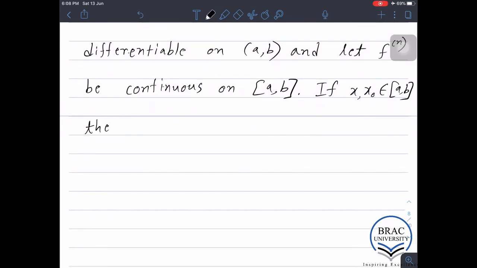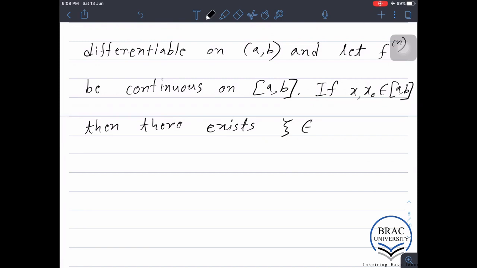then there exists xi. So this is a Greek letter which is called xi, and you write it like this. Okay, so let's forget about it.